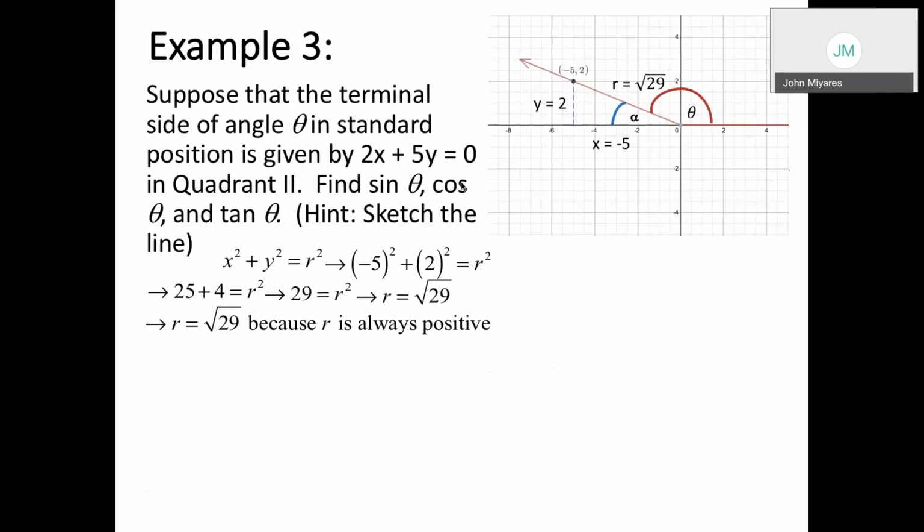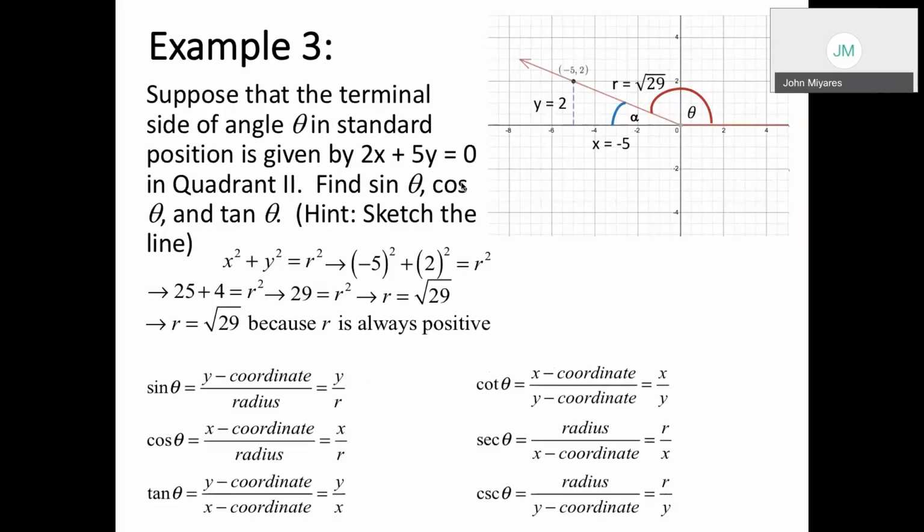We'll look at our trig ratios and we'll come up with the following again. We have sine, cosine, tangent. We have SOHCAHTOA that we can apply here in place of the y over r, x over r, and y over x. The sine of angle theta is going to be opposite side 2 over hypotenuse square root of 29, which will rationalize as 2 times the square root of 29 over 29.